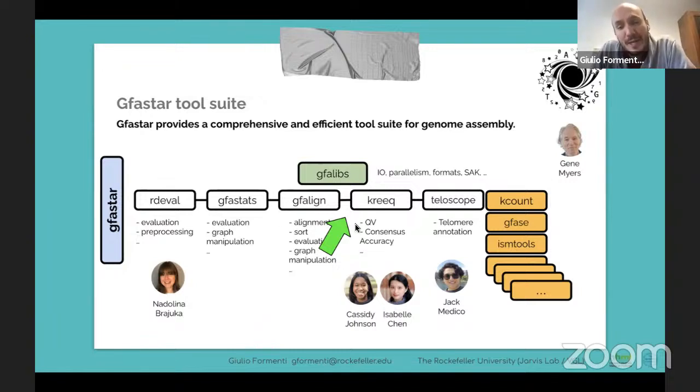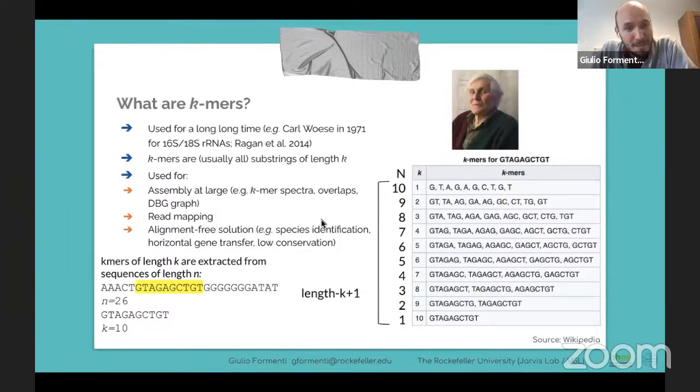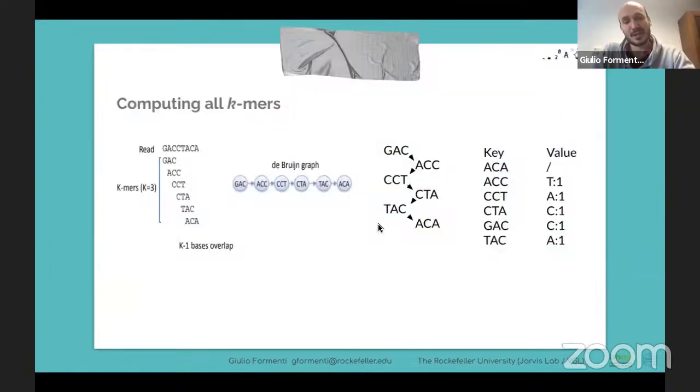Then I mentioned we have a tool for doing K-mer QC. It's called Creek. It's essentially building a de Bruijn graph from the reads. I want to go to the practical as soon as possible, so I'm going to skip over a little bit, but I'm sure you're familiar with the concept of K-mers. You take a subset of sequences of a certain fixed length, and basically by doing so, you get information about a particular sequence.